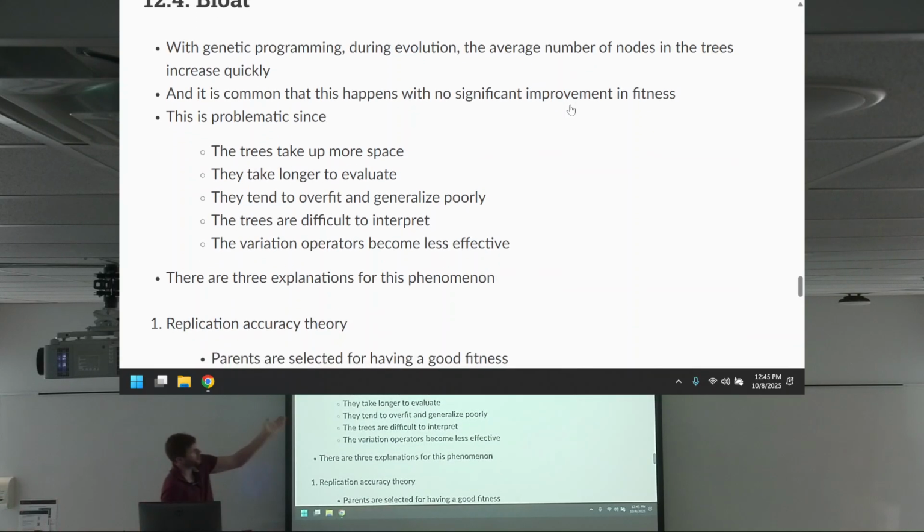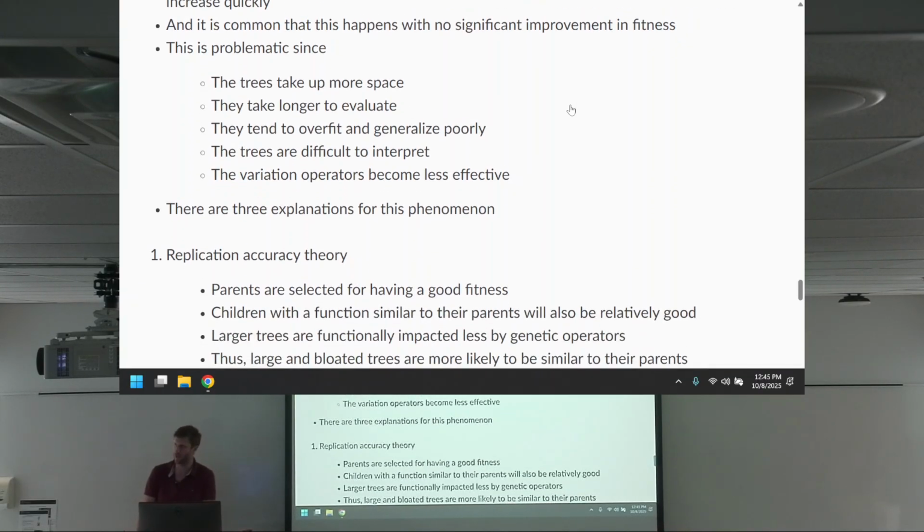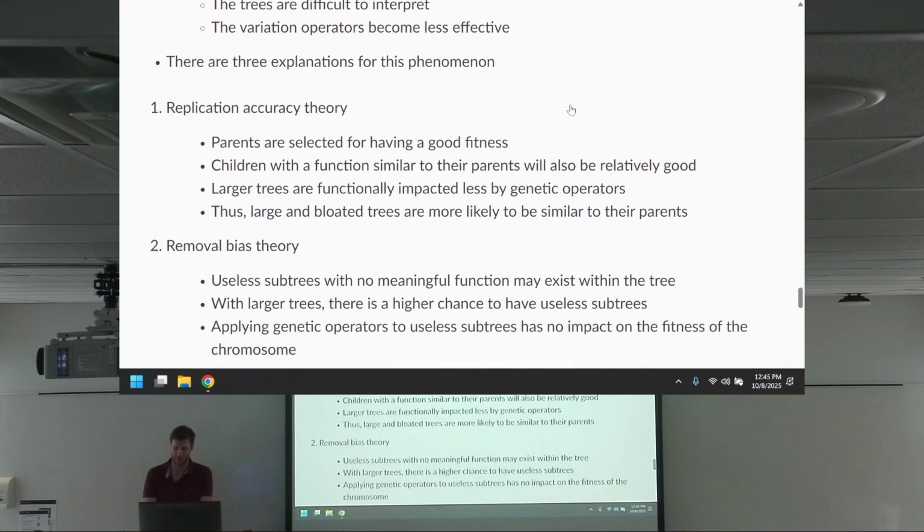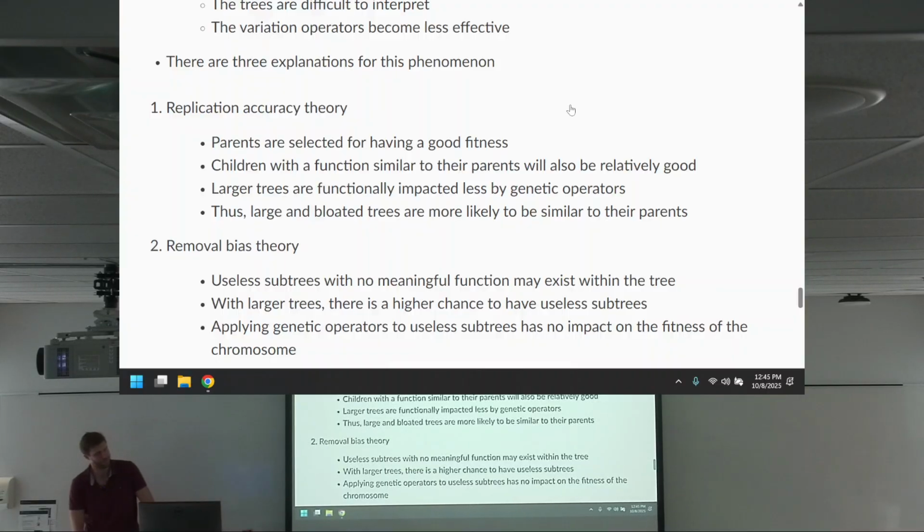So they take up more space, they take longer to evaluate, they tend to overfit and generalize poorly, they're difficult to interpret, and the variation operators become less effective. There are three explanations for this phenomenon: replication accuracy, theory. One, parents are selected for having good fitness. Whenever we're filling up the next generation, we always pick them for having relatively good fitness.